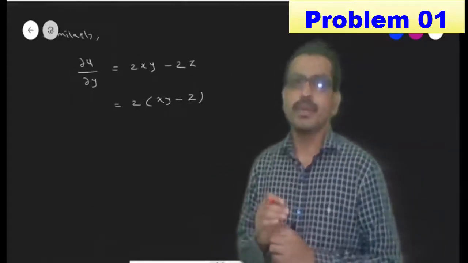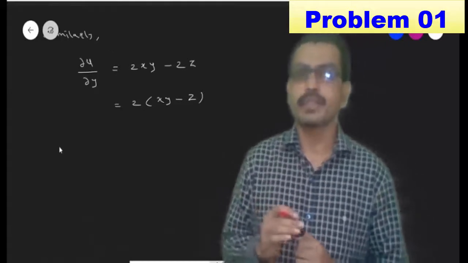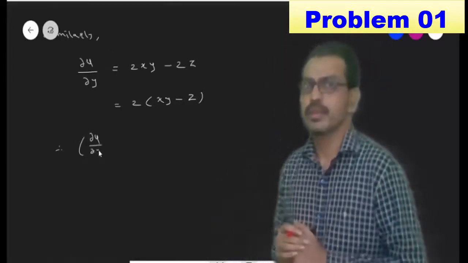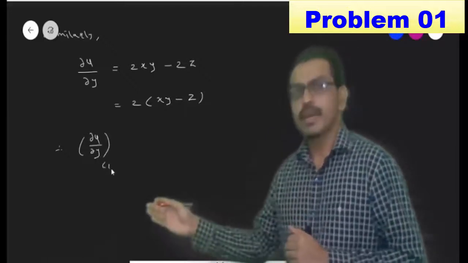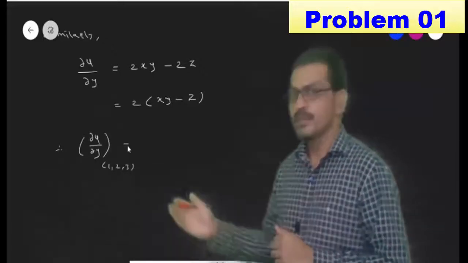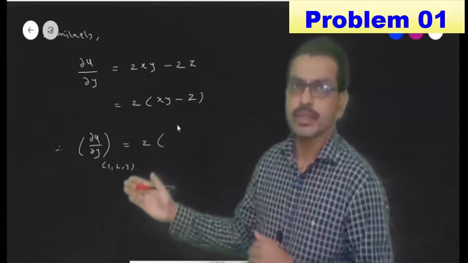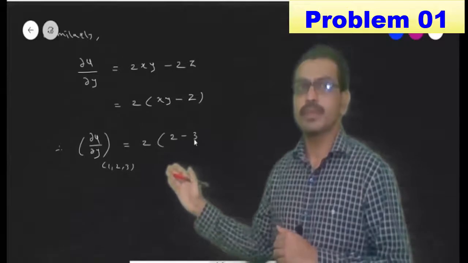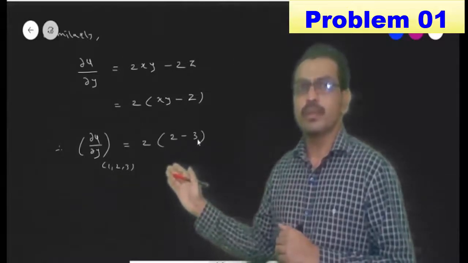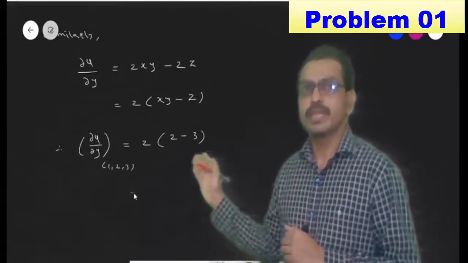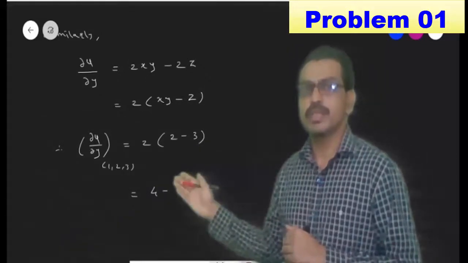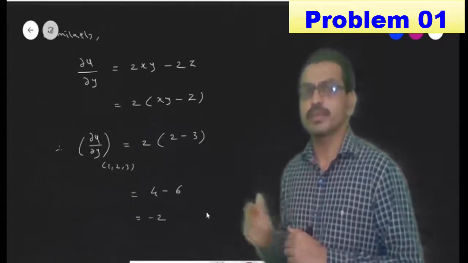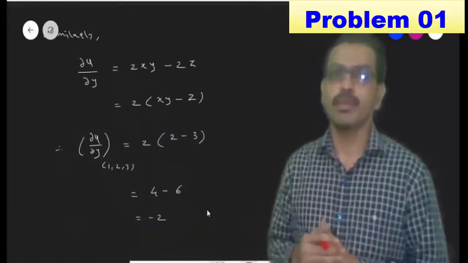Therefore ∂u/∂y at the point x equal to 1, y equal to 2 and z equal to 3 is equal to 2 in brackets, putting x equal to 1, y equal to 2 and z equal to 3. Therefore this is equal to 4 minus 6, which is equal to minus 2. This is the value of ∂u/∂y.